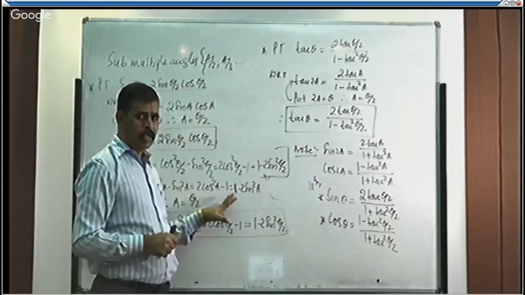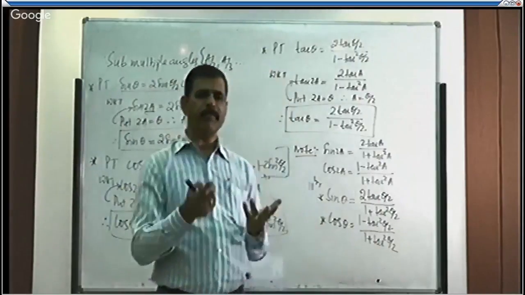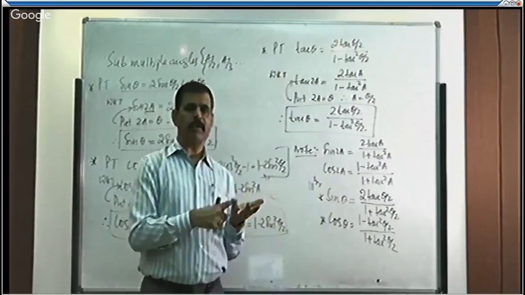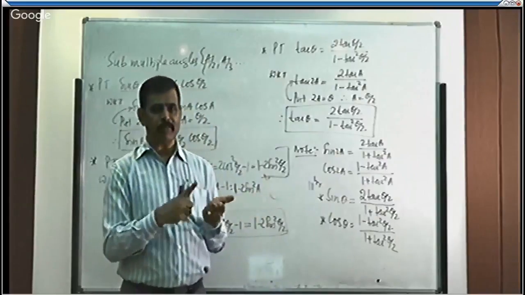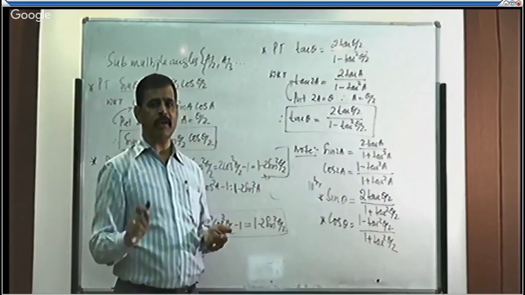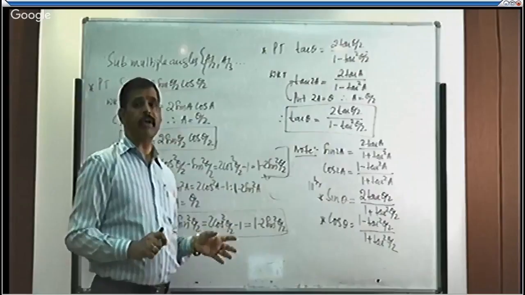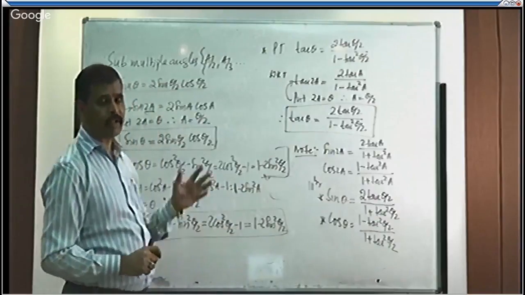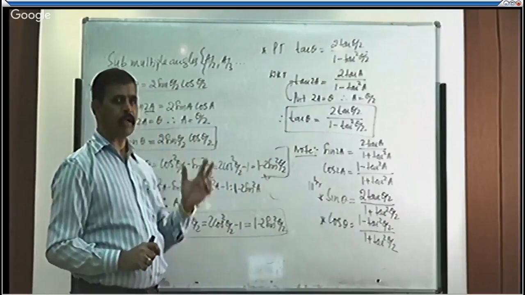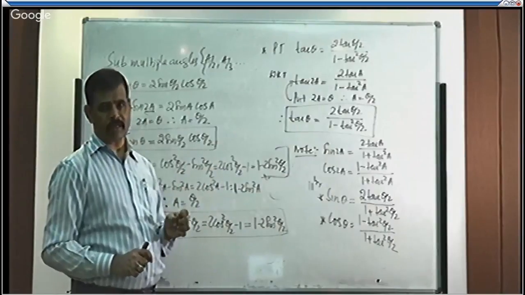So in this class we derived the sin of a plus b, cos of a plus b, and tan of a plus b formulas. With that, sin a minus b, cos a minus b, tan a minus b. Based on those addition formulas, we derived sin 2a, cos 2a, sin 3a, cos 3a, tan 2a.